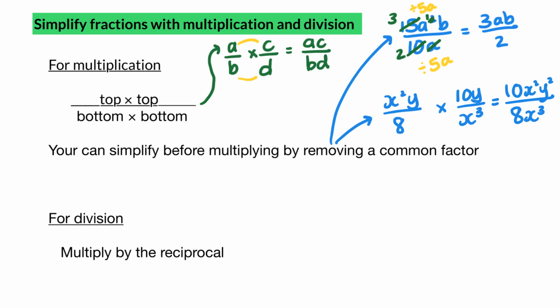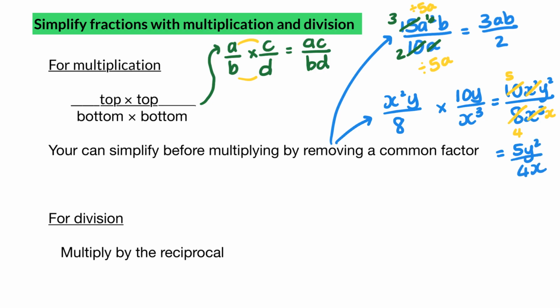Then I can simplify this by dividing top and bottom by my common factor, which will be 2, and 10 divided by 2 is 5, and x squared. So I'm left with x and no x's. So that simplifies to 5y squared out of 4x.